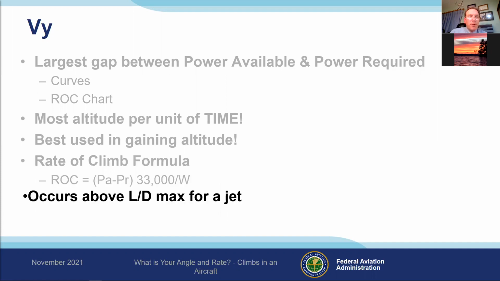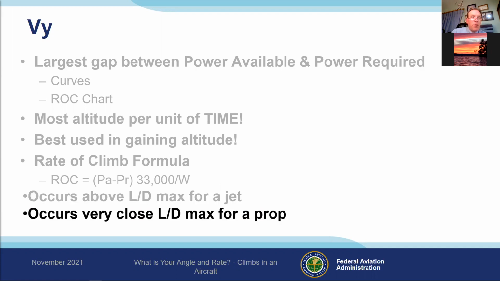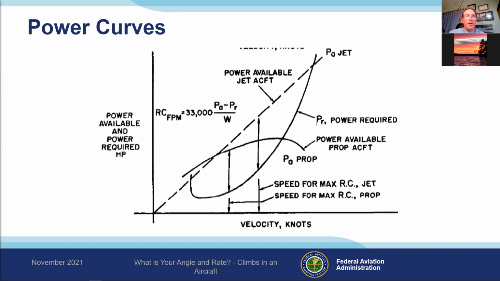And where this occurs is at L over D max for a jet, and above L over D max for a jet, excuse me, it's actually very close to the square root of L over D max. It occurs very close to L over D max for a prop. Some very minor differences. You'll see most places actually say it occurs at L over D max for a propeller.